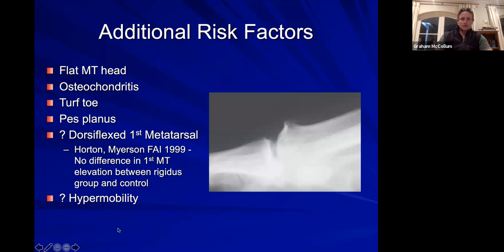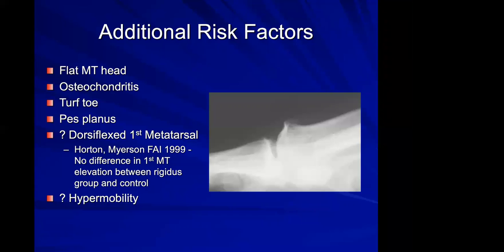There are some additional risk factors that put some patients at more risk. You can almost see when they're in their 20s that they may have a problem in time. Patients who have a flat metatarsal head, I'll show you on the next slide. It's almost like a very square metatarsal head, as opposed to someone with a very round metatarsal head. Those round metatarsal heads are more prone to Hallux valgus, and the square metatarsal head, Hallux rigidus. Obviously, injuries.